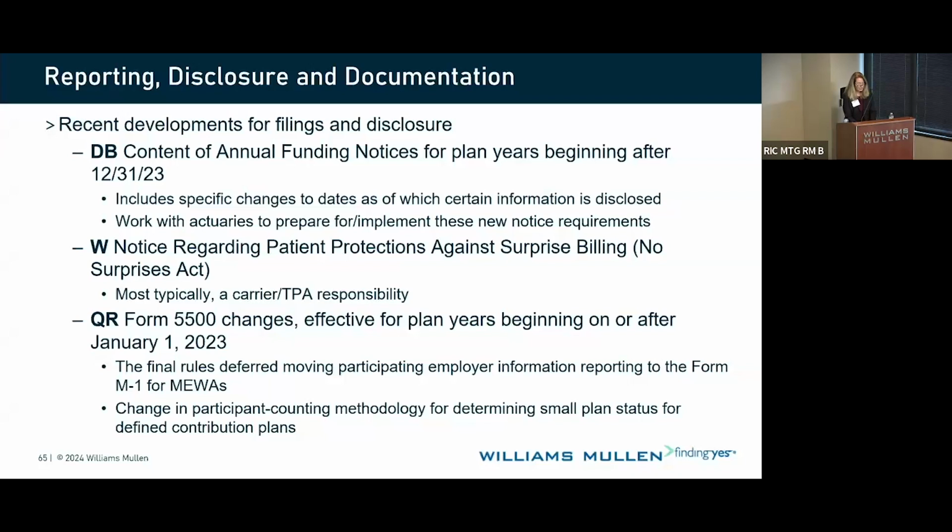And Form 5500 changes. There have been some changes, participant counting methodology. People might be familiar with that. That's a more recognized change. And then there has been a deferral of some participant employer information reporting relating to MEWAs.